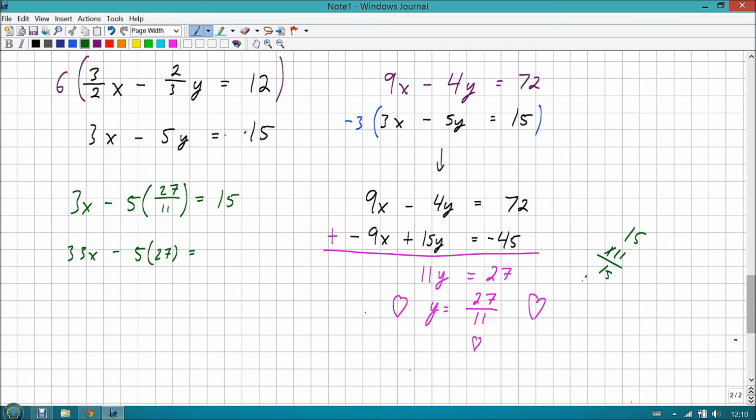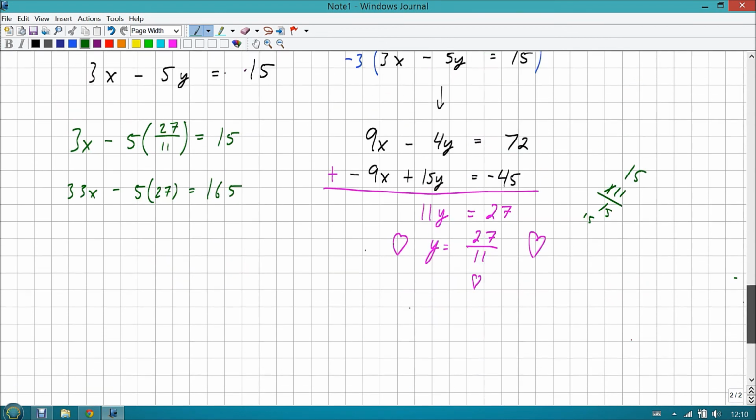Multiplying together, 15 times 11 is 165. And then we take 5 times 27. Okay, 5 times 27 shouldn't be too hard to do. 5 times 7 is 35, 5 times 2 is 10, plus 3 is 13, so 135.